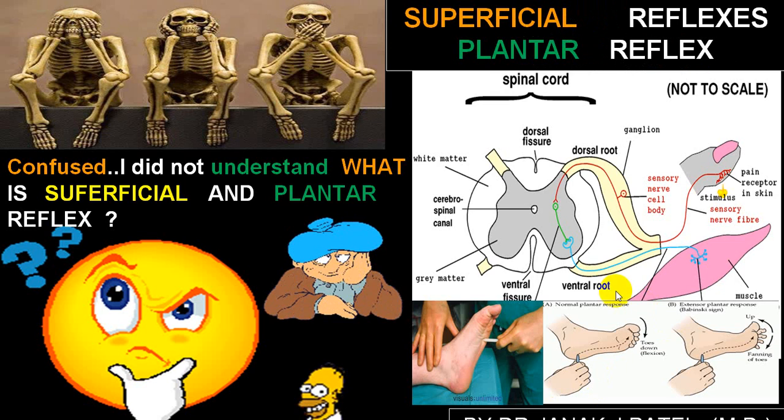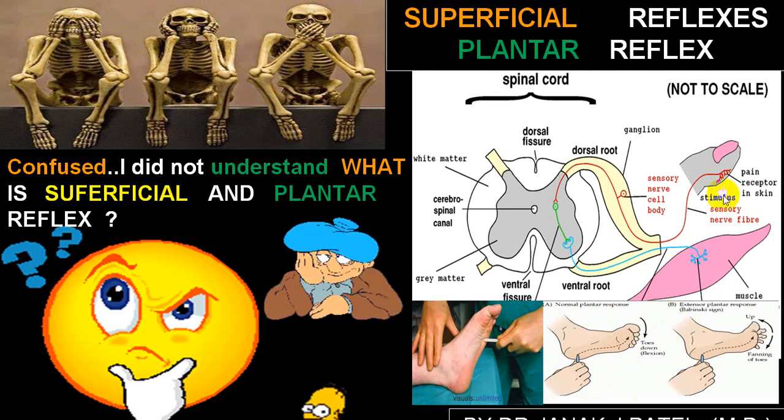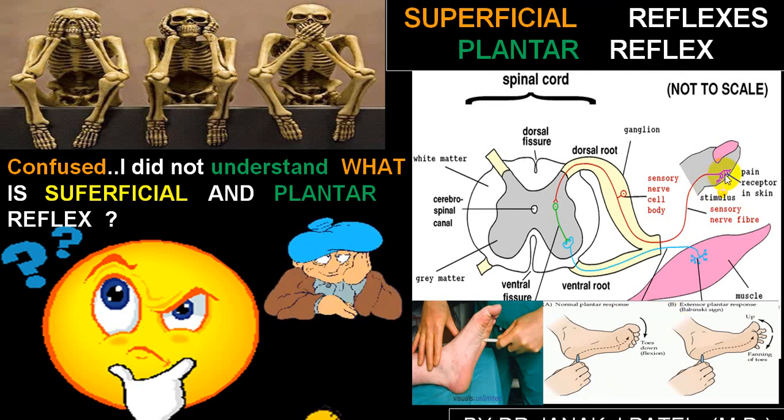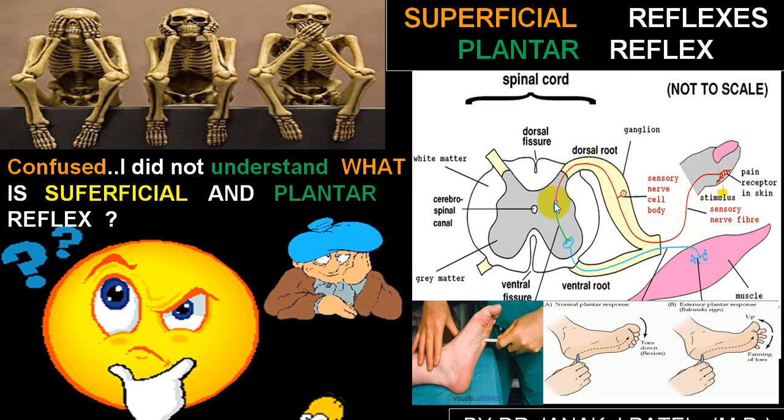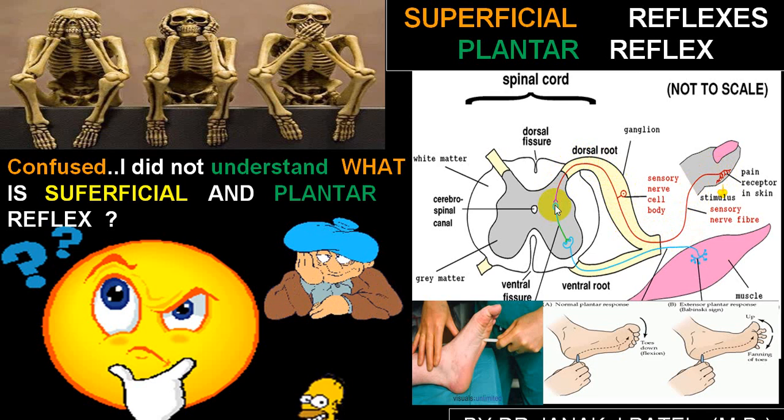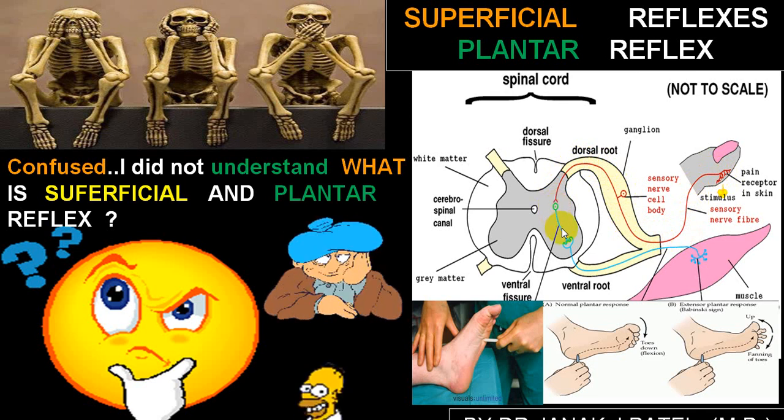So this is a reflex arc. Here is a sensory stimulus. This is sensory nerve. This is posterior root ganglia. This is the posterior spinal root. This is posterior horn. It makes a synapse with interneuron, and then it will make a synapse with anterior horn cell.